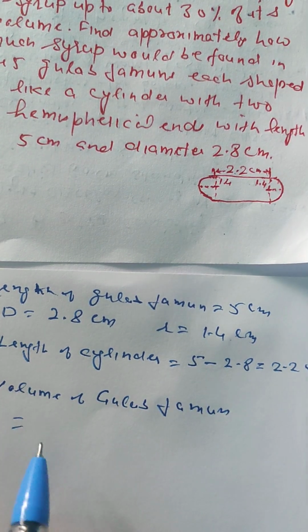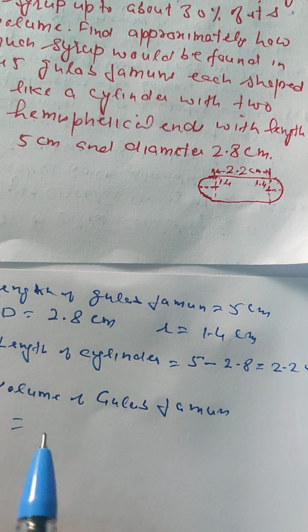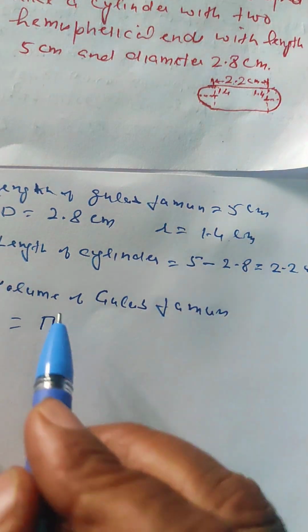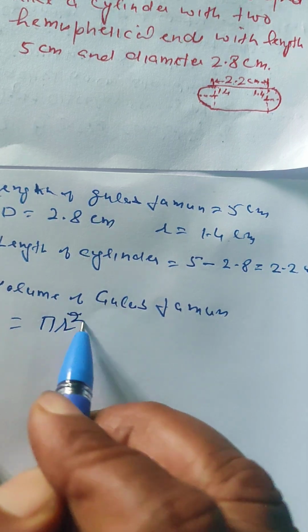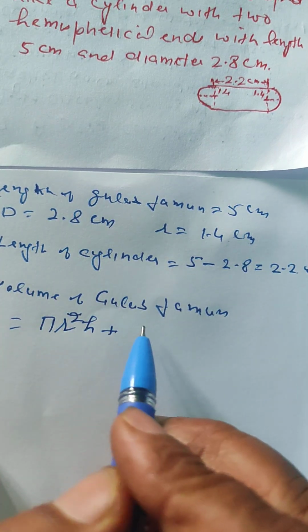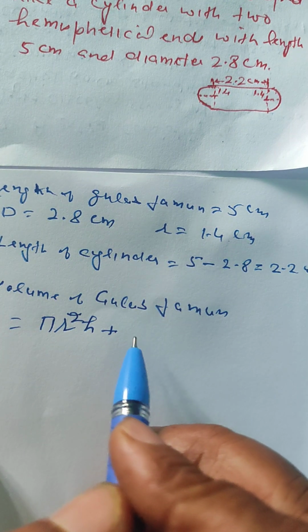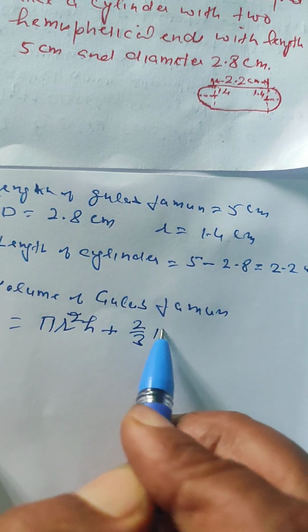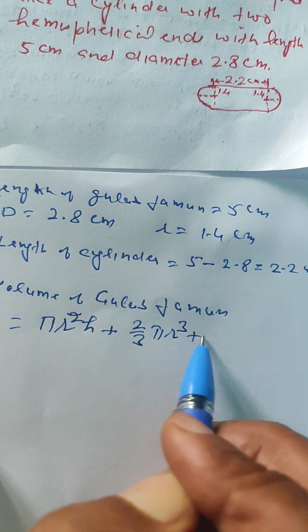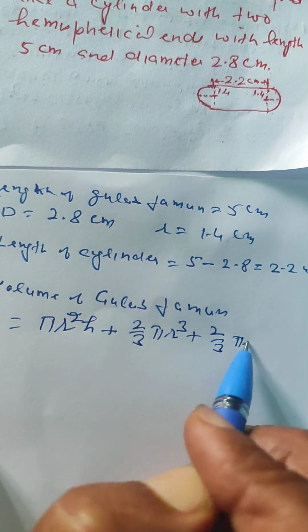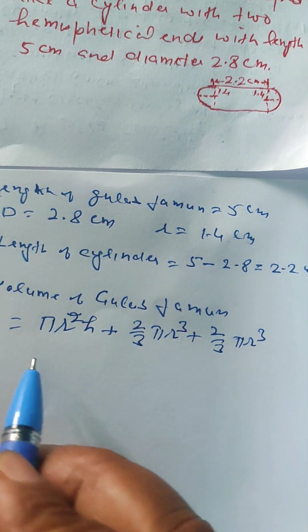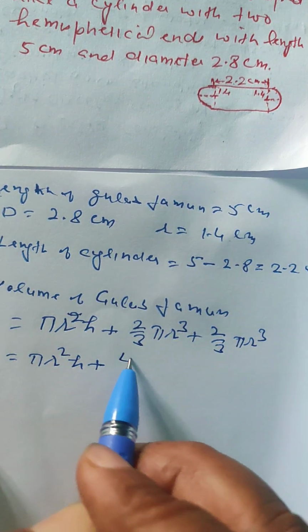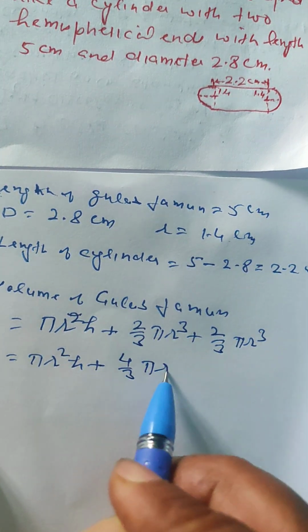Its volume is pi r square h plus 2 by 3 pi r cube plus 2 by 3 pi r cube, that is pi r square h plus 4 by 3 pi r cube.